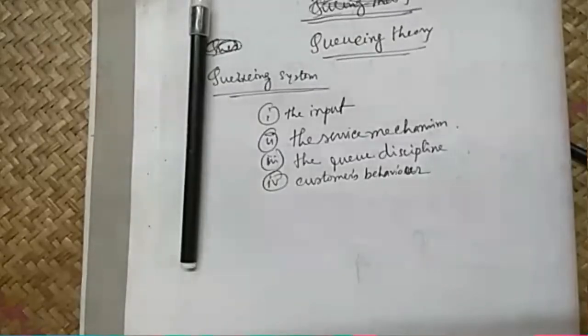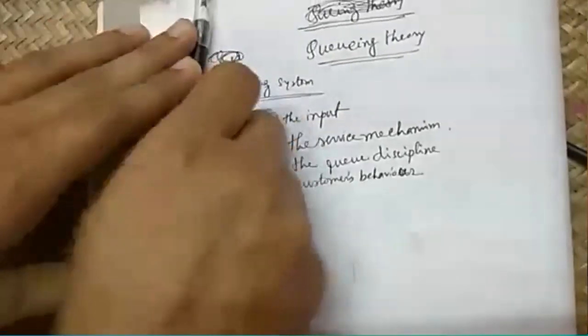Now we go for queue discipline. Queue discipline means how the queue is getting handled. Like there is first come first serve basis. Whoever comes first gets in the line and will get the first service. Now there is first in first out, basically the same thing. Who comes first, goes out first.